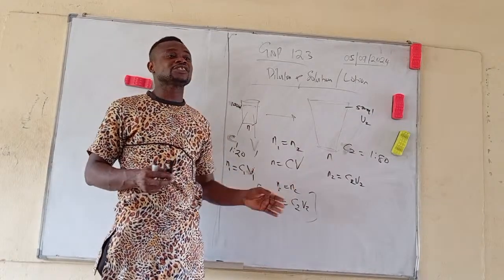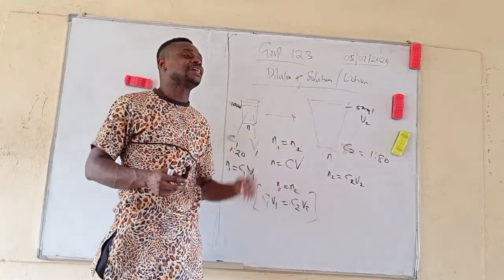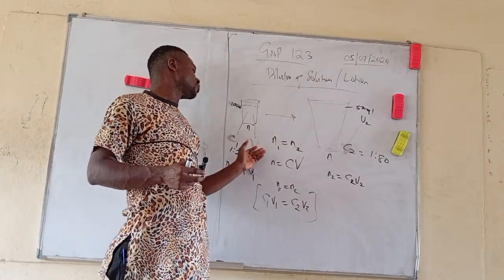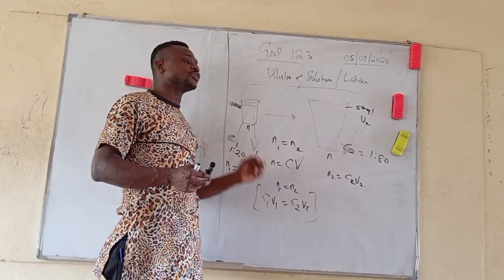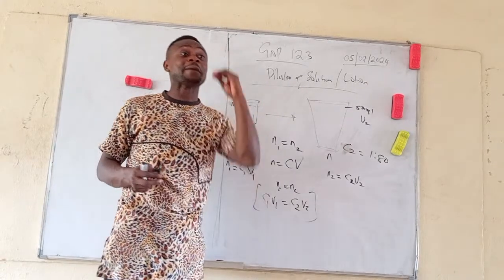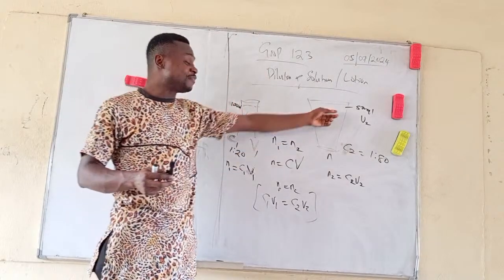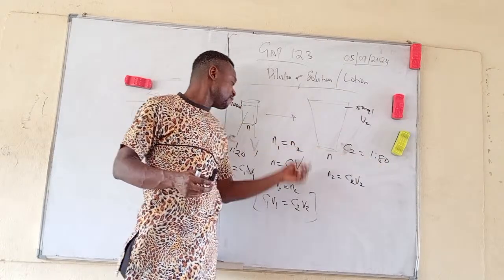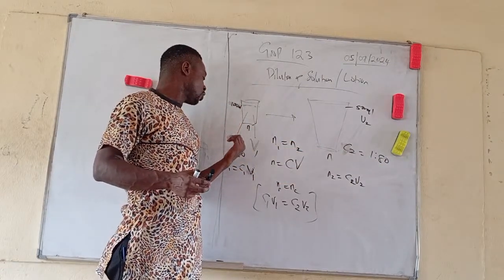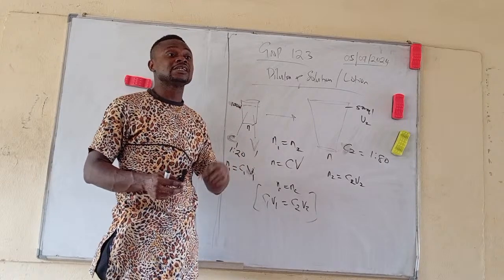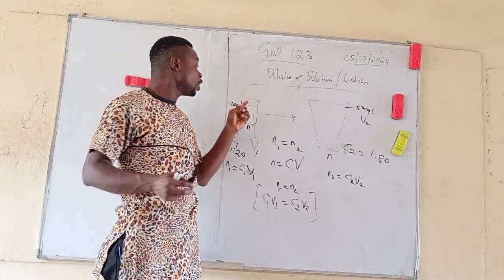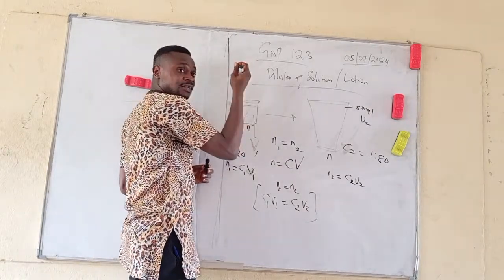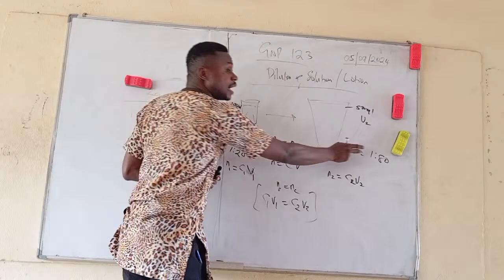They may not ask us that. They may just say prepare 500 ml of Lysol solution with concentration 1 is to 80 from a stock solution of concentration 1 is to 20, to be used as disinfectant. They didn't ask me the volume. You will know that you need to find the volume of this you will take, because you will take a particular volume from this one and add it to water to prepare this.